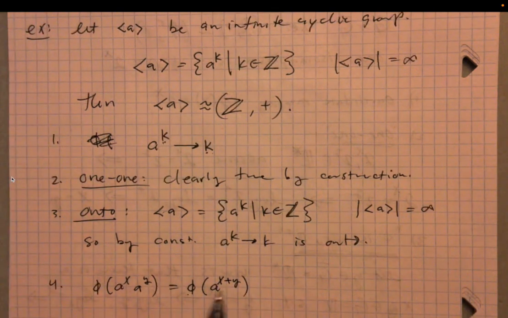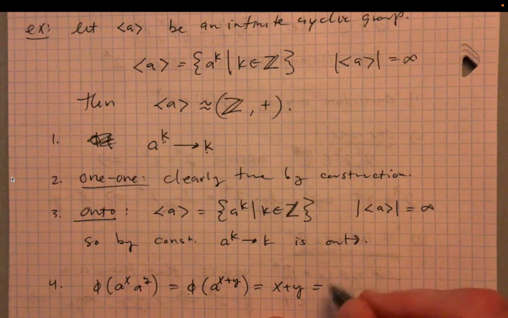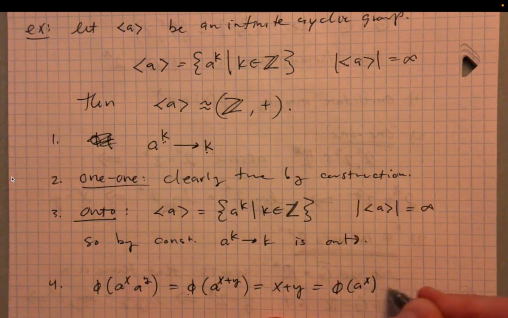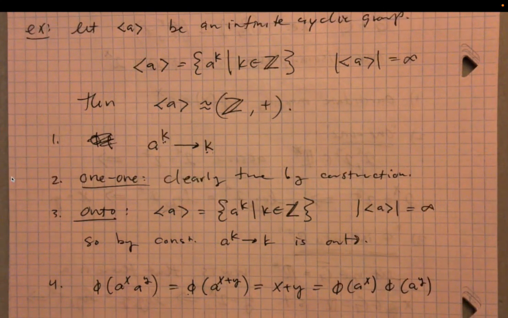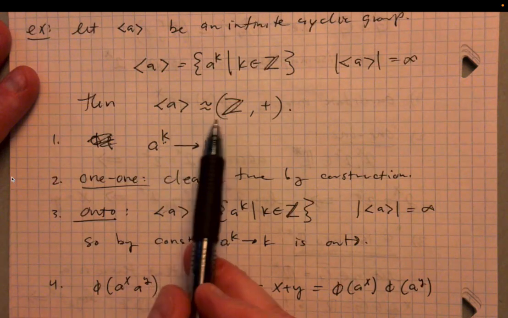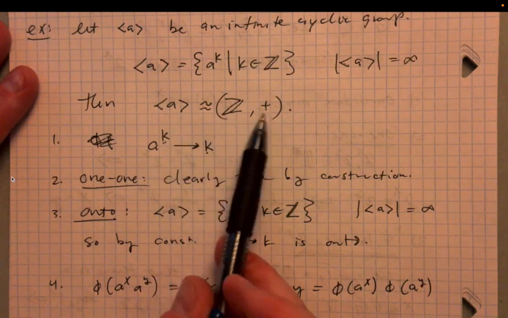Now the mapping phi takes the exponents and makes them the elements in the other group. Then that is exactly equal to phi of a to the x plus phi of a to the y. So it's operation preserving. Perfect. So that means this infinite cyclic group is isomorphic to the integers under addition.